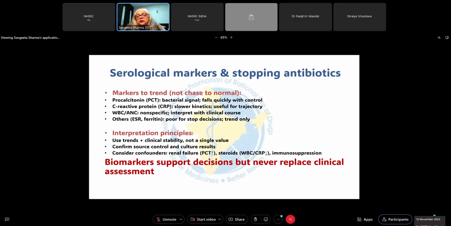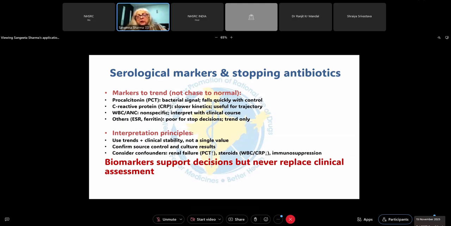White cell count and ANC, although non-specific, can still tell you about the clinical course. ESR and ferritin you cannot use for stop decisions, but they can tell you the trends. So use trends with clinical stability, and don't use a single value. It is always the trend that will help you take those decisions.